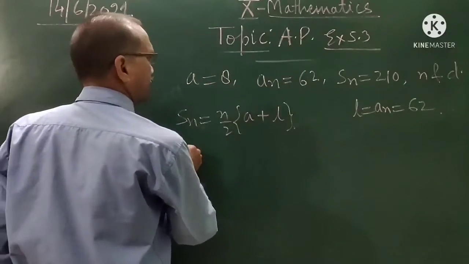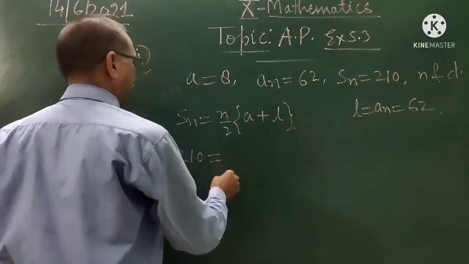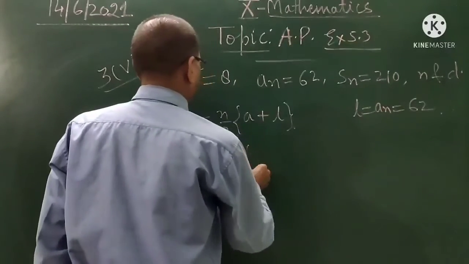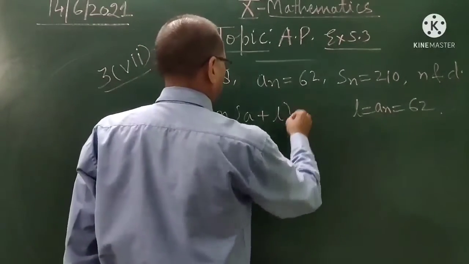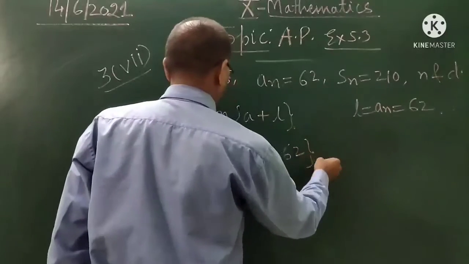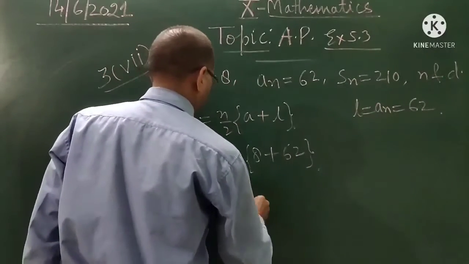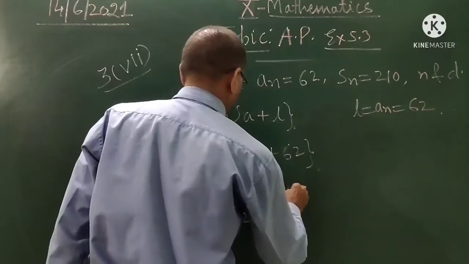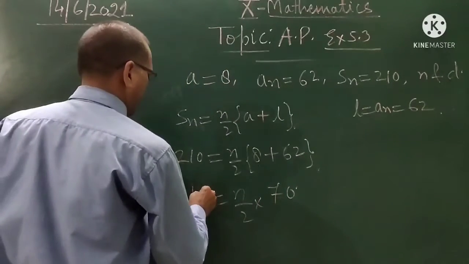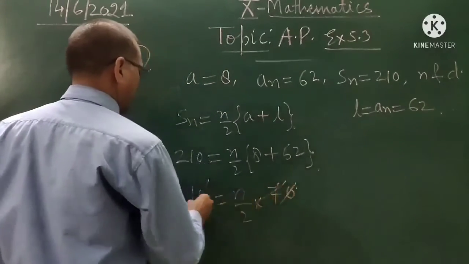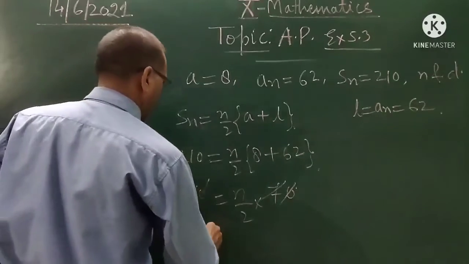It is 210, n by 2 into a, equal to 2 plus 62. Then n by 2 into it is 70. 210. 0 cancel. 7 3 is 21. So n equal to 6.